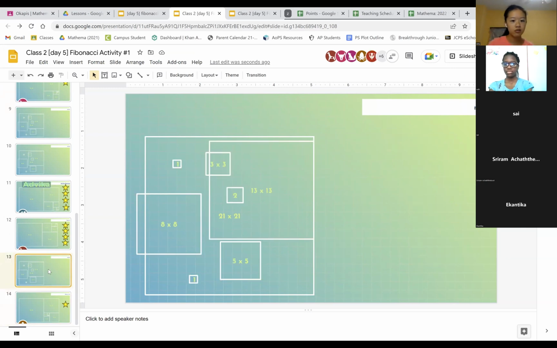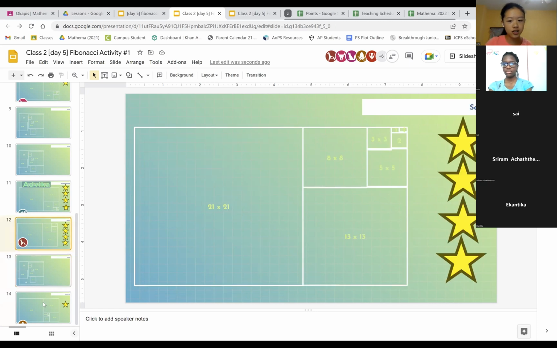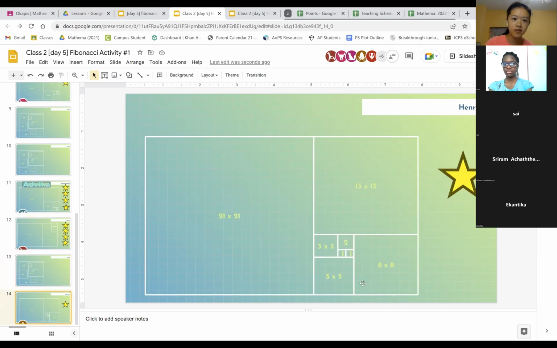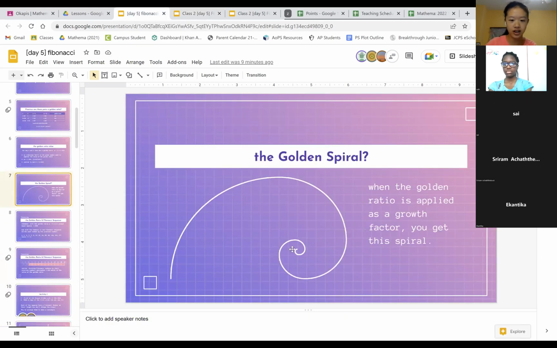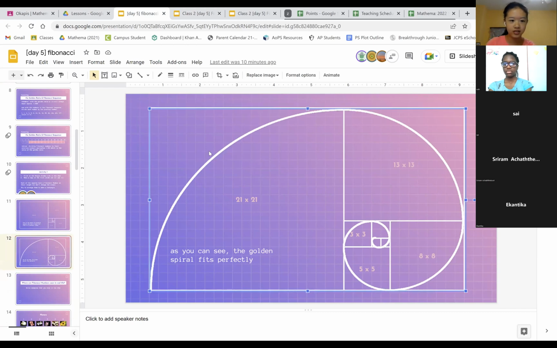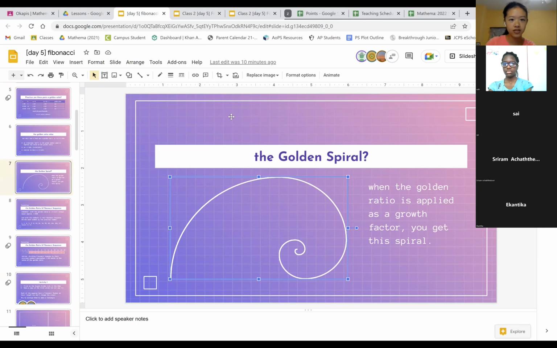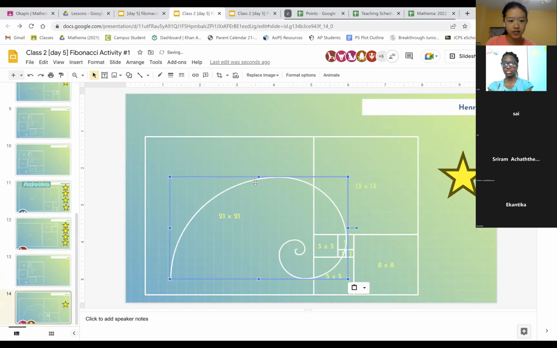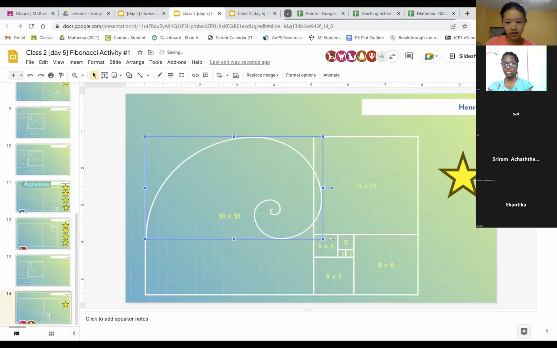And if you arrange it like Henry did, you can actually fit the golden spiral inside of it. So I will take a copy of that, hopefully. You can actually arrange it so that the golden spiral fits inside.